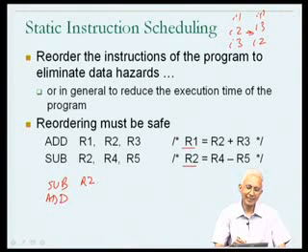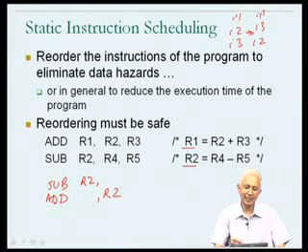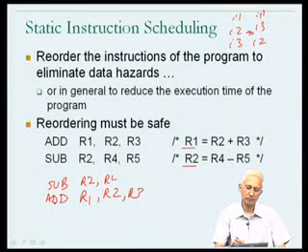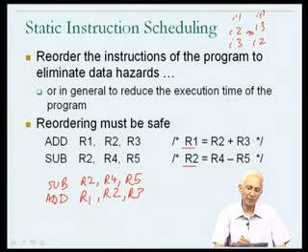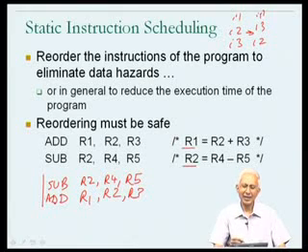The subtract instruction has as its destination R2, and if you look carefully, you'll notice that the add instruction has as its source register R2. Therefore, if I were to change the order of the add and the subtract, I come up with this sequence of instructions. And in this sequence, the add instruction and the subtract instruction have a data dependence between them, which was not actually the case in the previous sequence.